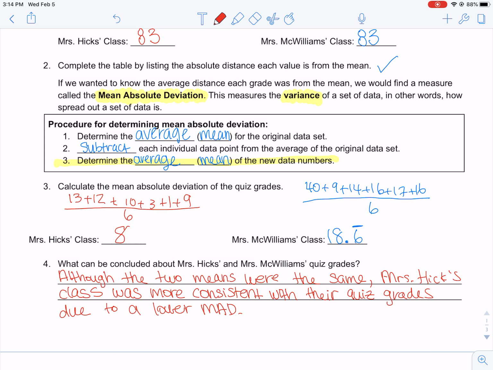Okay, so mean absolute deviation can be abbreviated with MAD, MAD.